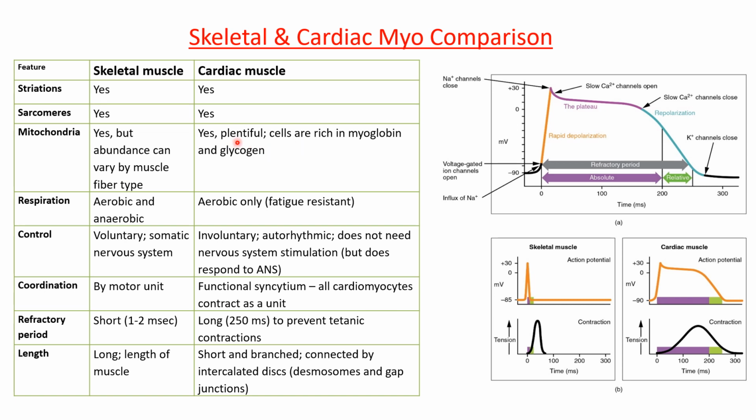That's why you have lots of mitochondria. That's why you have myoglobin. Myoglobin is like hemoglobin, only it stores oxygen in muscle fiber. And you also have lots of glycogen, which is just polymerized glucose. We hear about glycogen a lot in exercise science. It is just a stored polymer of glucose. And so you've got a lot of that in cardiac because, again, cardiac cannot afford to fatigue, at least not very much.